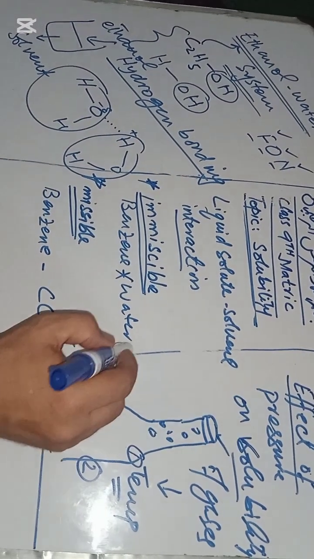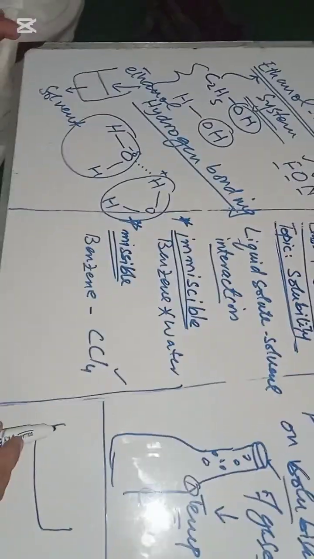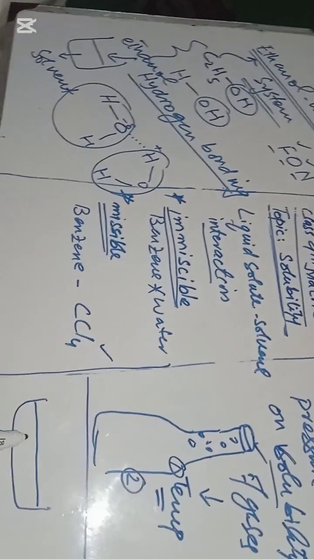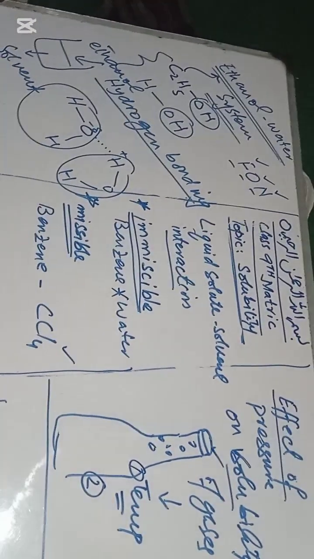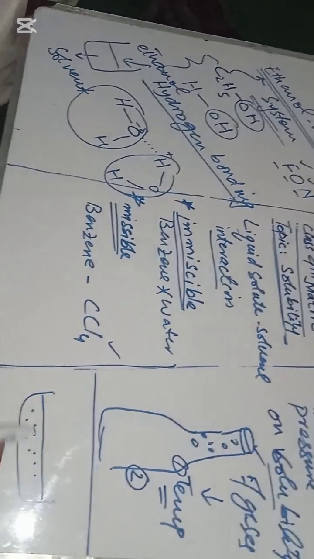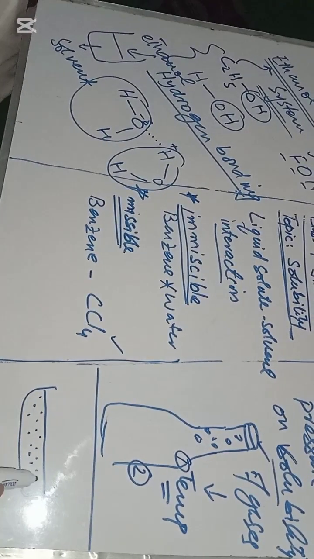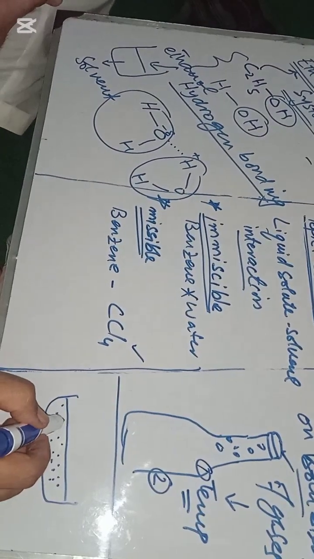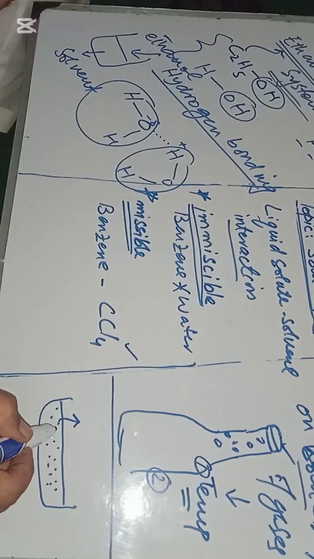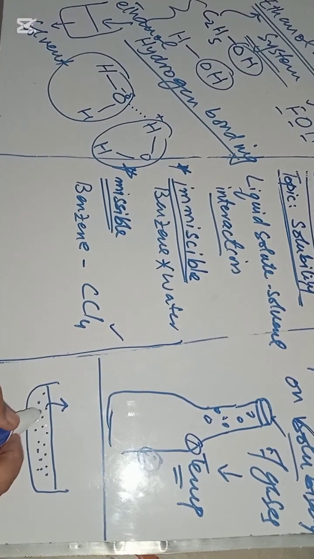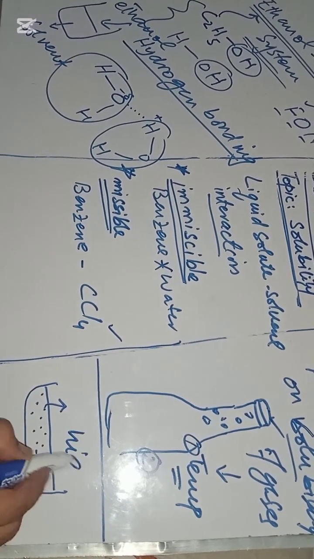Another example I can give you is that when the temperature is very high, the dissolved oxygen inside the water, inside the lake, what happens to it? This dissolved oxygen is decreased due to high temperature.